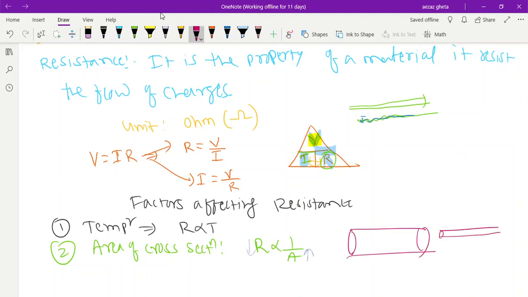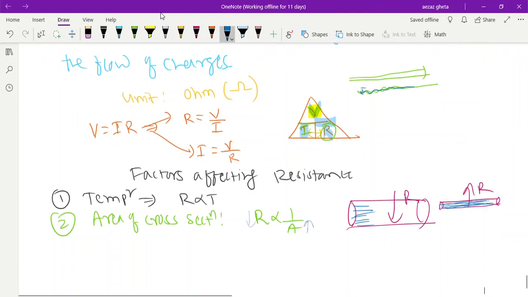Thinner is the wire, resistance is more. In thicker wire, the area or the space is more, electrons can move very freely. But in thin wire, the electrons find it difficult to move from one point to another point due to less area or less space, you can say.